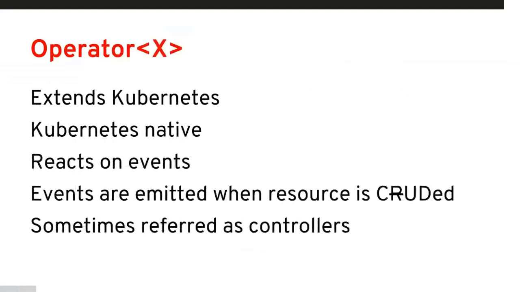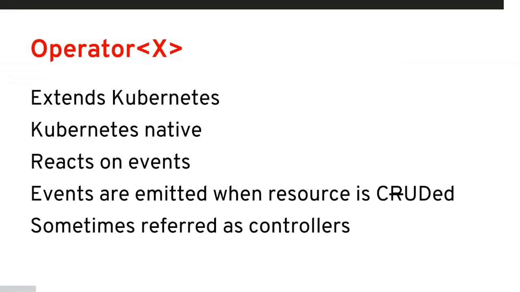So I'm using this notation, operator of X, where X means the system the operator is managing. In a way, it's a feature that extends Kubernetes core features, because Kubernetes is kind of mature these days, and operators are a way to extend it for your custom use case. Most of the time it is used for deploying custom systems like Spark or others.